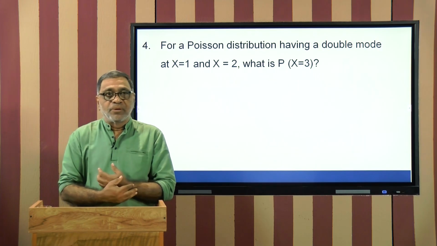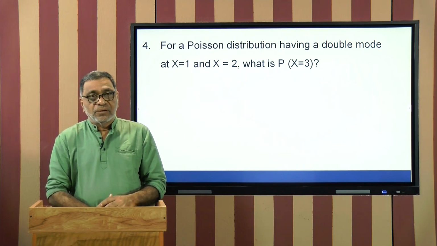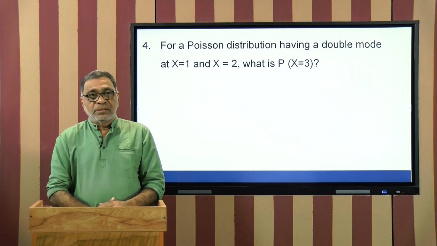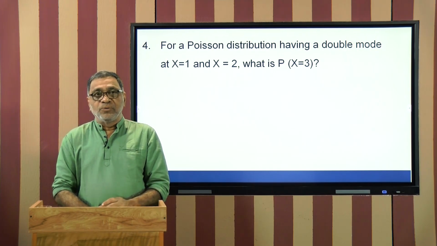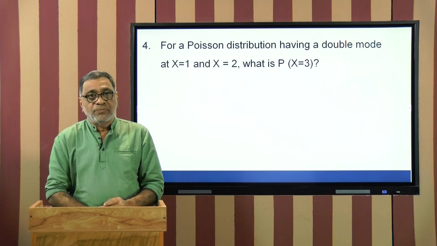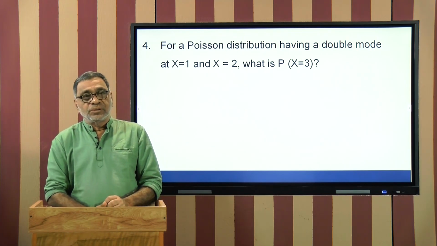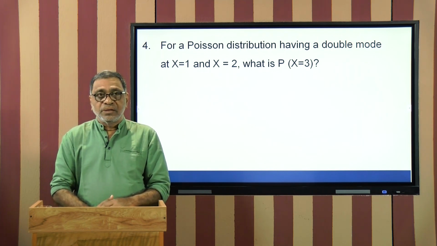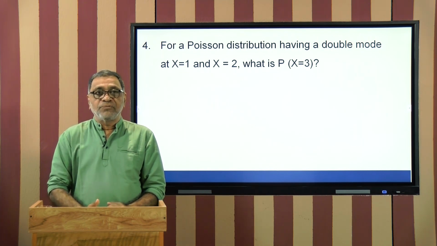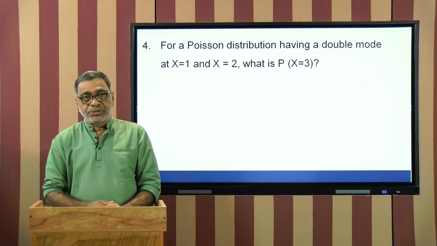So, this is a problem of finding a probability corresponding to a Poisson random variable. If we want to get the probability value of a Poisson random variable, the parameter lambda must be known. Only then can we find any quantities related to the Poisson distribution.